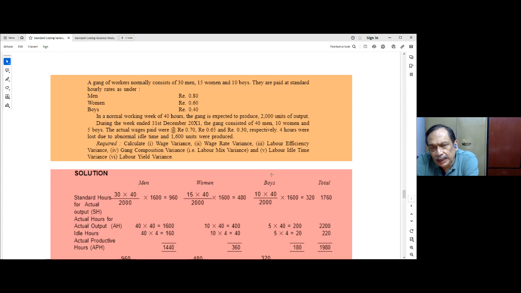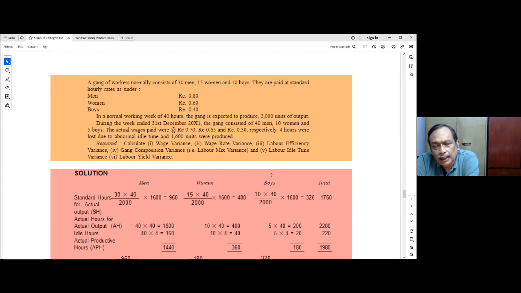Number 2, wage rate variance. Number 3, labor efficiency variance. Number 4, gang composition variance, another name for labor mix variance. Then labor idle time variance. And last but not the least, labor yield variance.